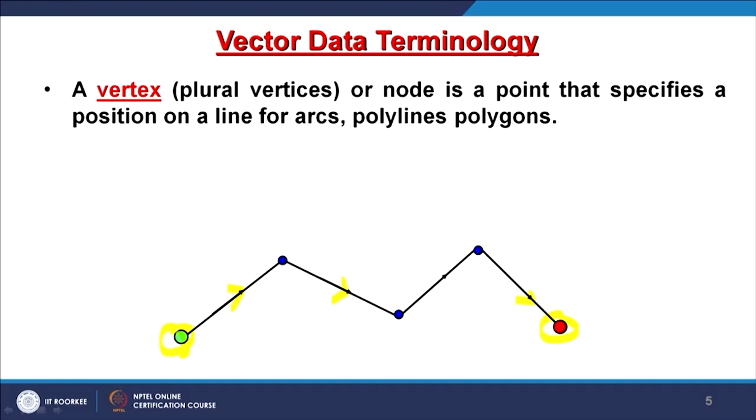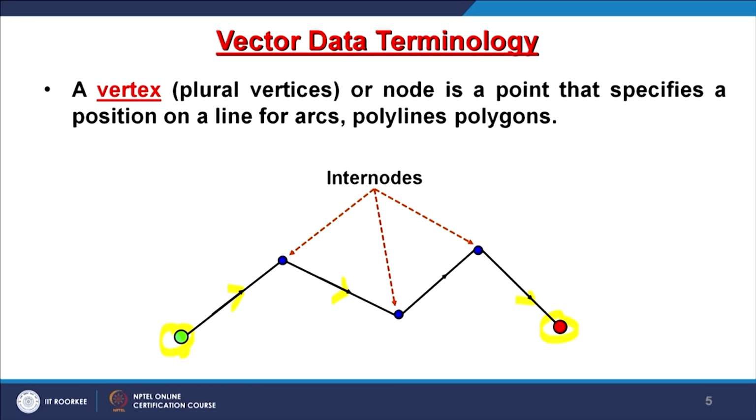So these are the begin node and end node or vertex, and then in between you have internodes as well. These blue dots shown are internodes. When a computer or GIS platform stores a line, basically it is storing XY coordinates all along these lines, or all vertices.